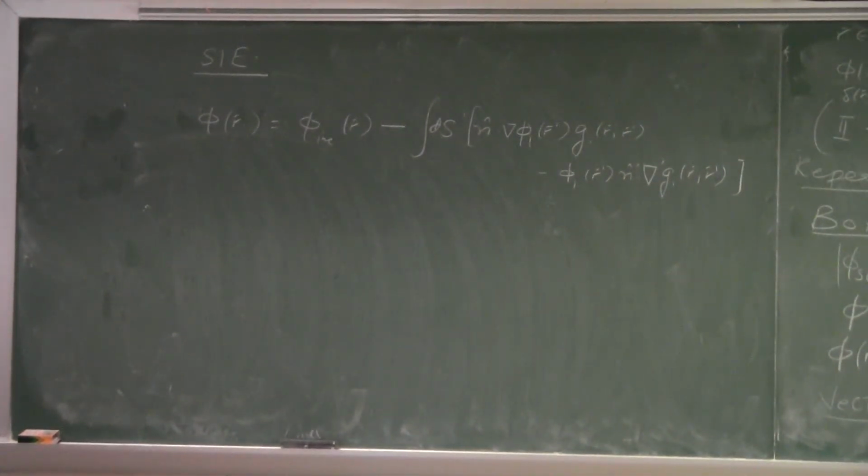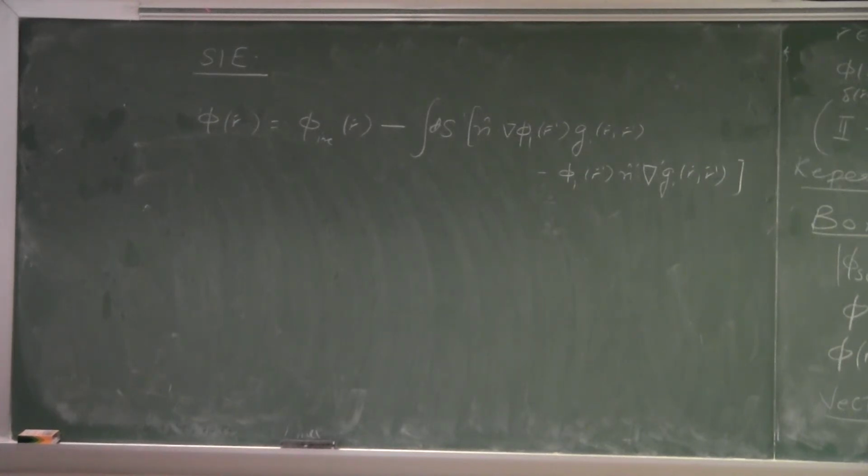And you have two kinds of sources over there. If the surface is very hard or very soft, in the language of acoustics, then one of the two terms can be dropped out. Or in the electromagnetic language, when the object is a PEC or a PMC, one of the two terms will drop out.